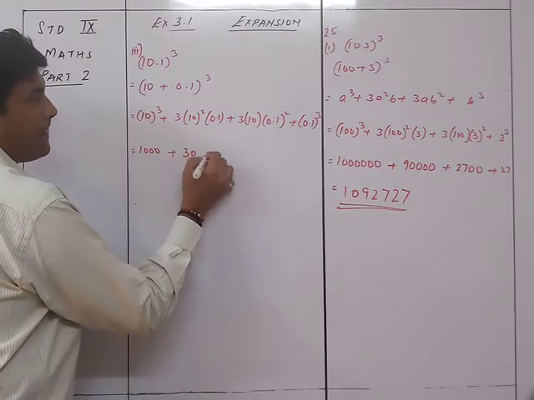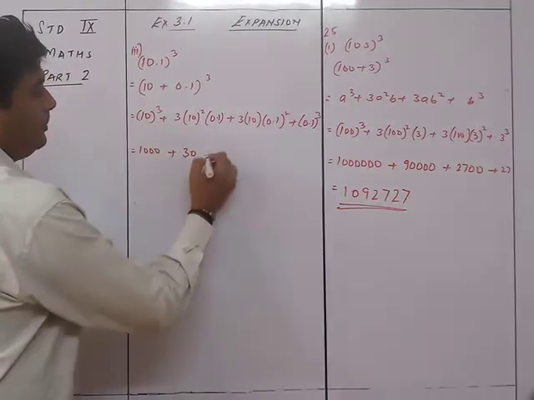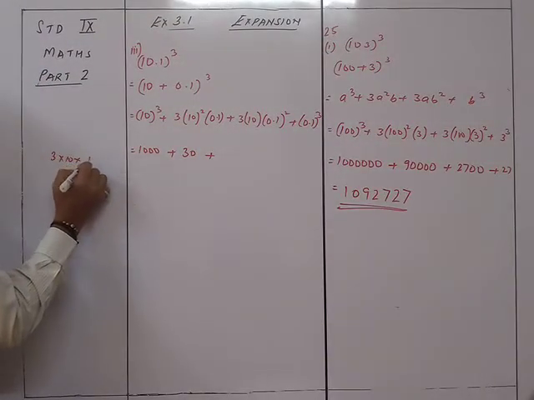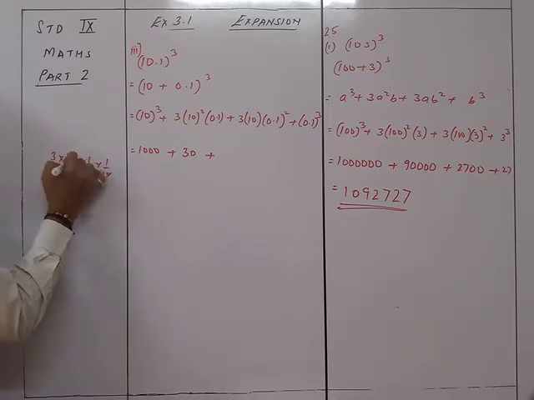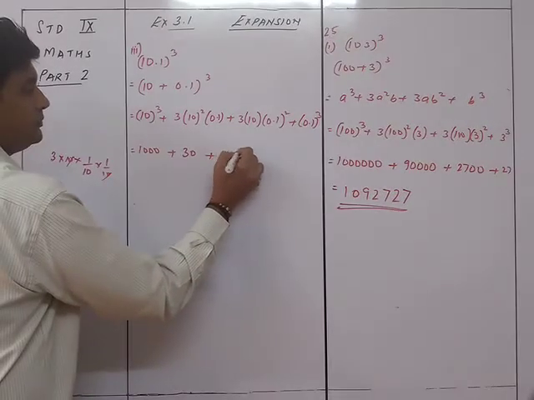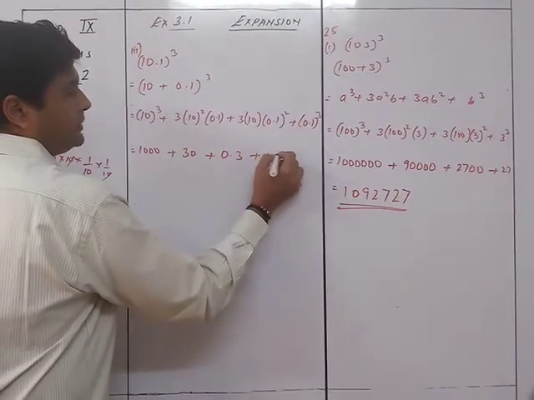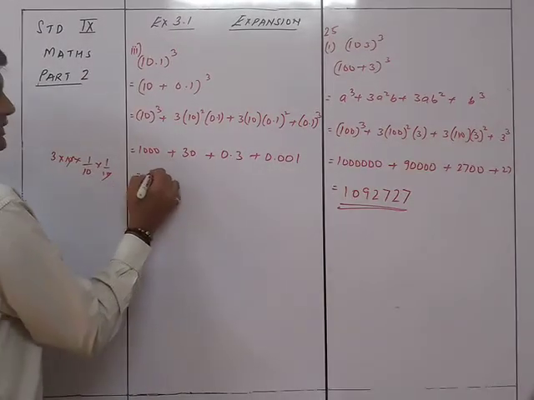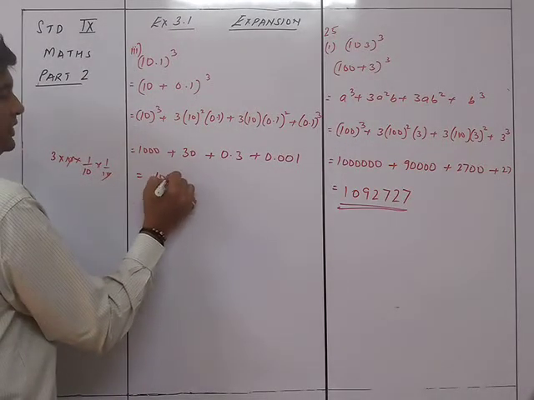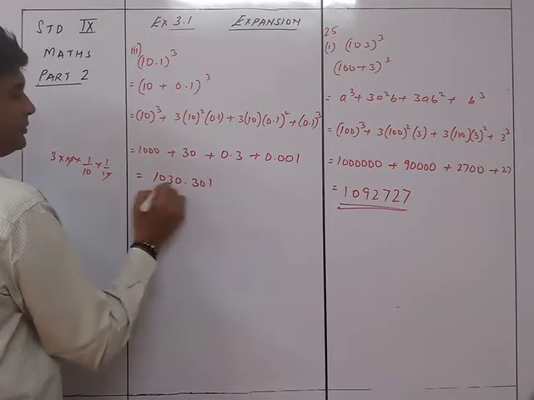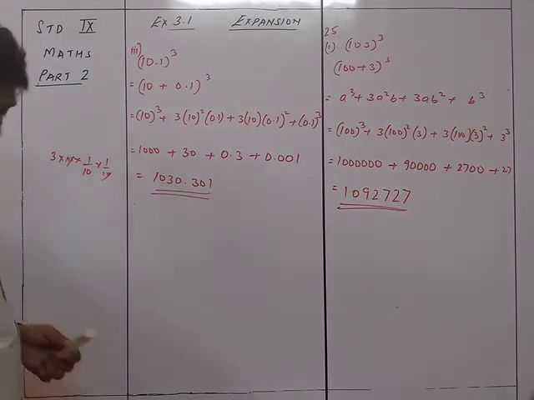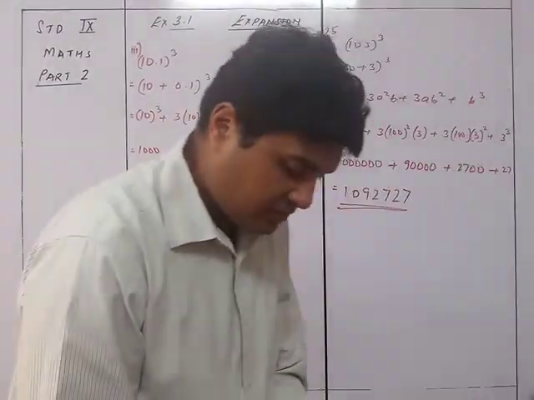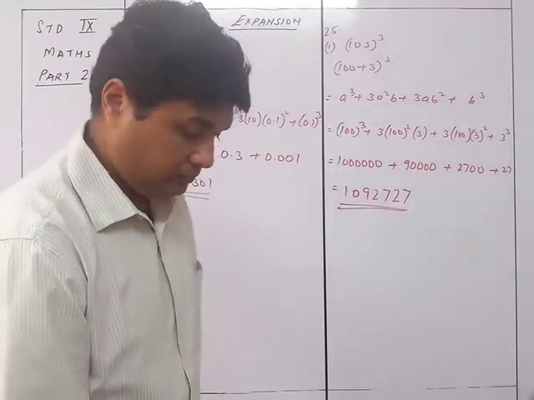If you are slightly confused, you can take 0.1 as 1 upon 10. So that will give you 0.3 plus 0.001. So that gives 1030.301. That is sum number 25.